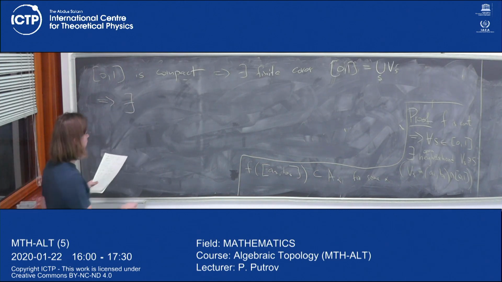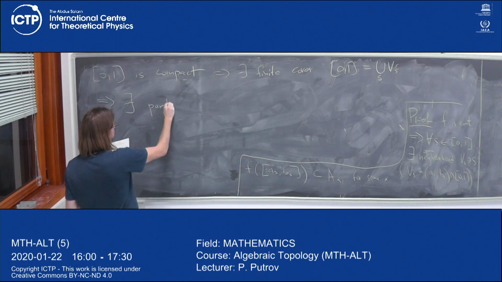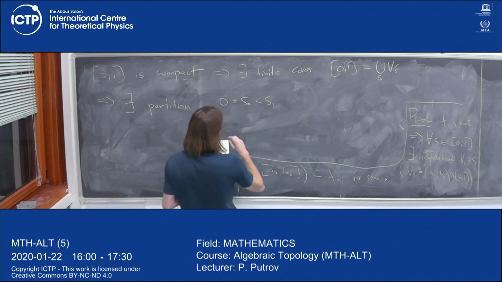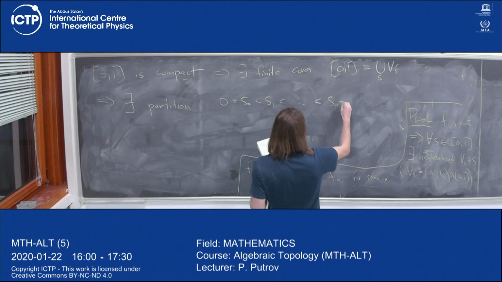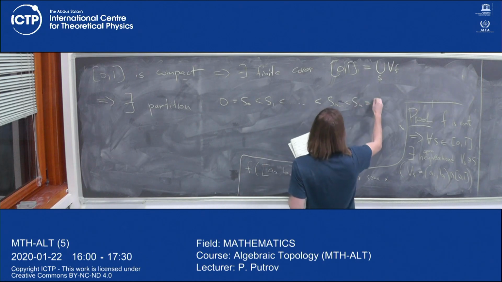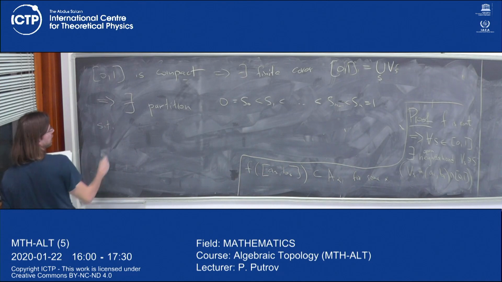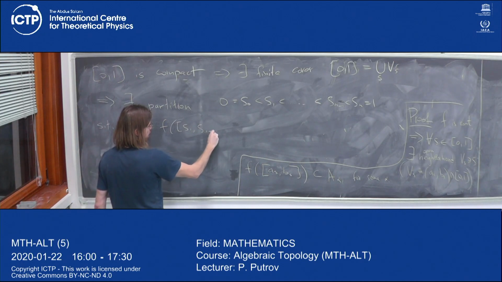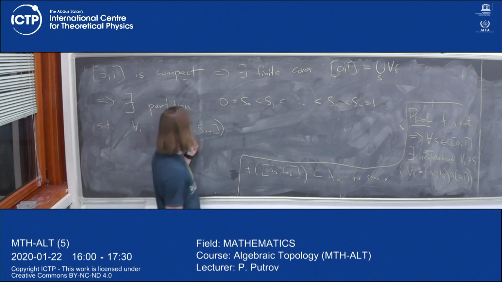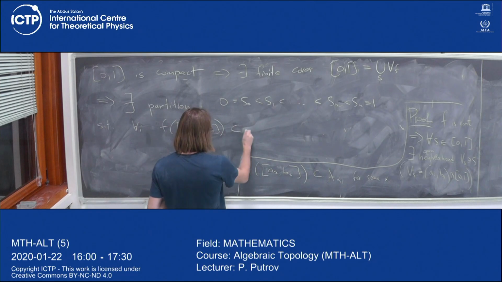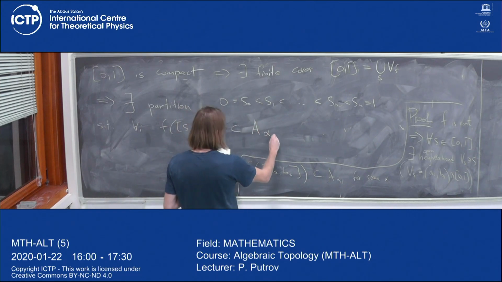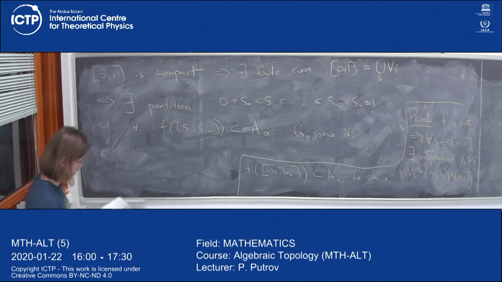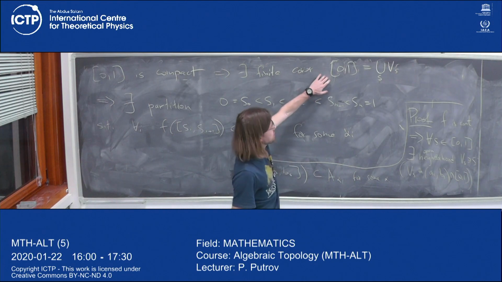But this can be reformulated as the following statement. This implies that there exists a partition of the unit interval by points 0, s1, and so on up to s_{n-1}, and then s_n equal to 1, such that for any i, the image of the closed interval connecting two neighboring points of this partition is inside A alpha_i for some alpha_i. How do I go from this finite cover to this?